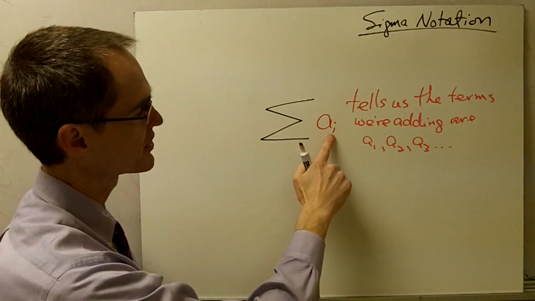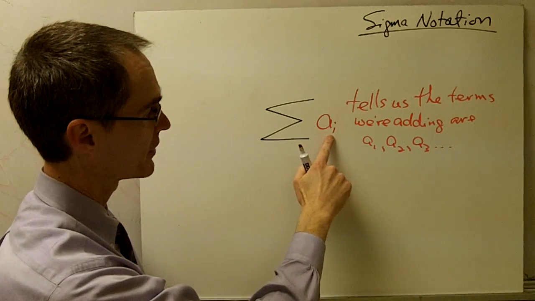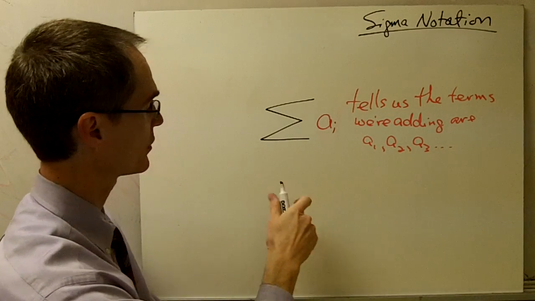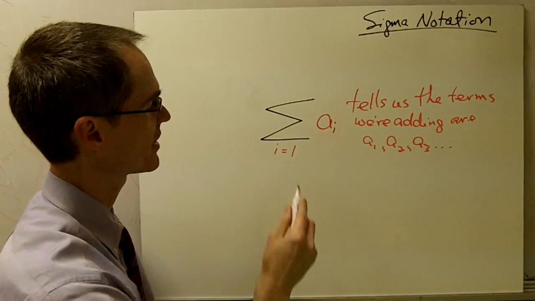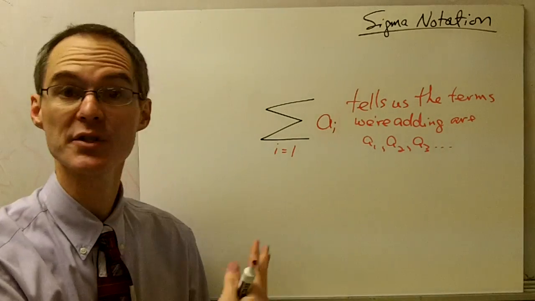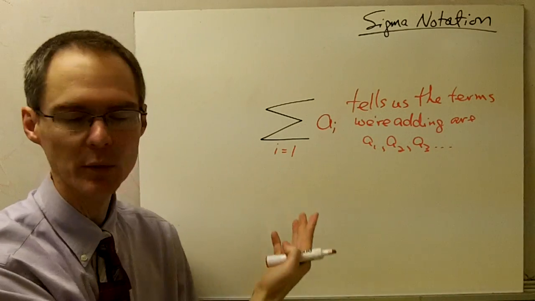All right? And this little subscript i, the way we know that this starts with 1 and then goes 2, 3, and so on, the second part of the sigma notation tells us which term in our series we start with. So typically we start with the first term.